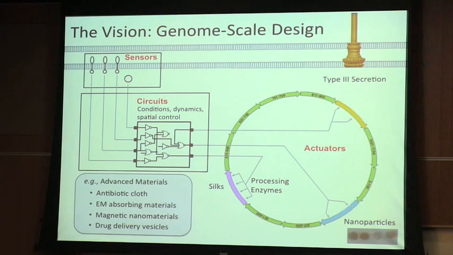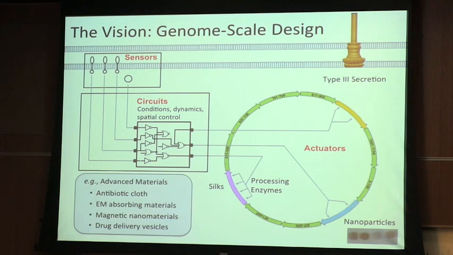So for example, in this fantastical idea of creating a cell that can spin its own antimicrobial cloth, you might have a set of genes that are encoding silk proteins. You have another whole set of genes that are making antibiotic nanoparticles. The silk has to be exported at a certain time and then modified. And all of this has to be integrated into a large system.